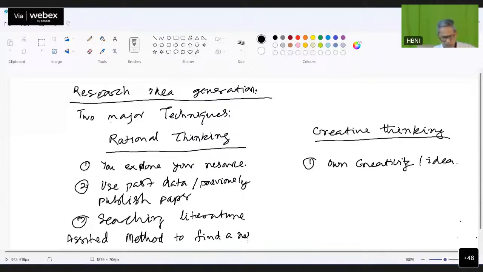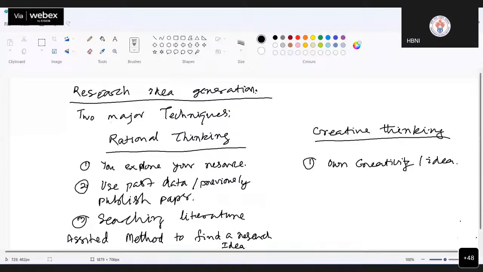In this case, either your resource or your personal interest, or by using past data, following a previously published paper, you are trying to generate a research idea. So this is also called the assisted method to find a research idea.